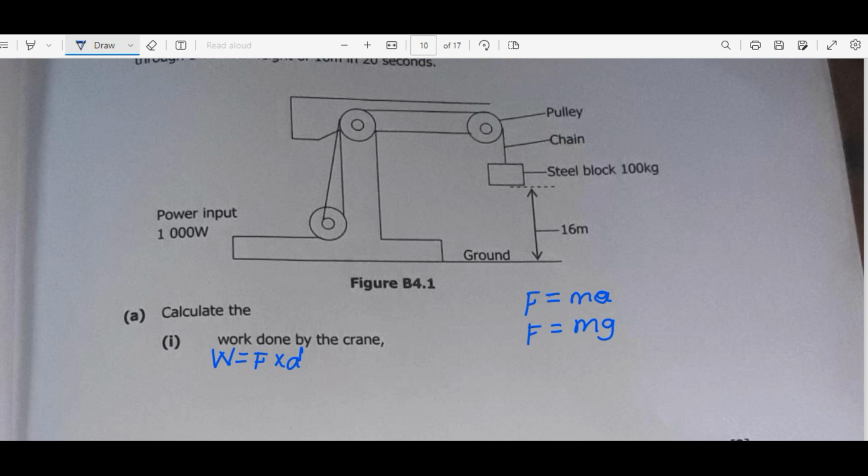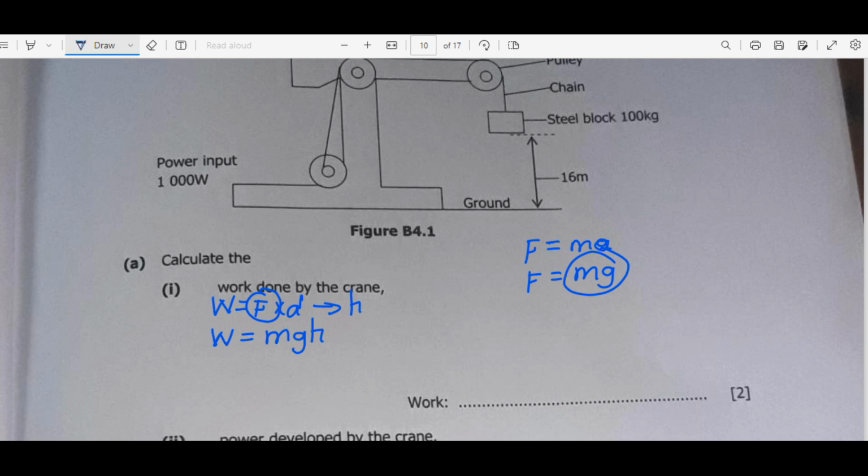So where there is F, we put mg, and the formula now becomes mg. Now for d, we are just going to put h, since we are looking at the height. You can see that whenever you are looking at the work done against gravity, the formula for work done is just the same as the formula for potential energy. That's what I wanted us to look at.